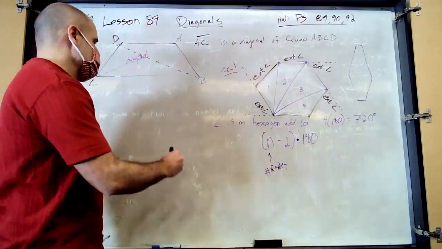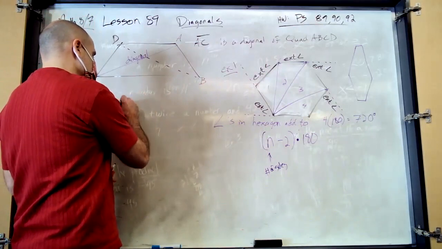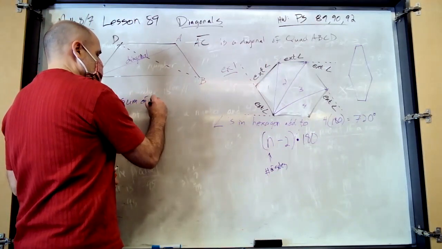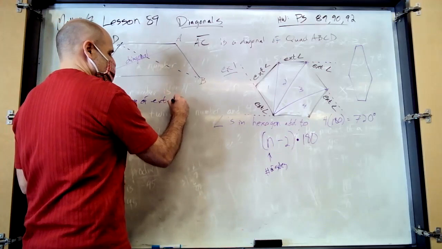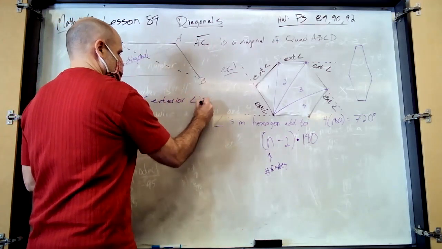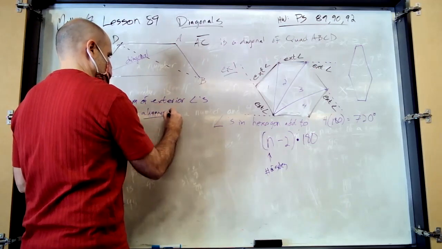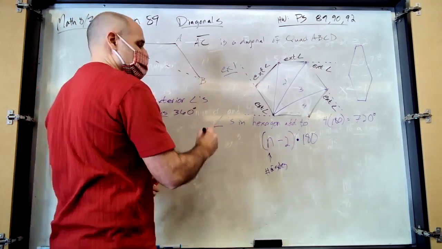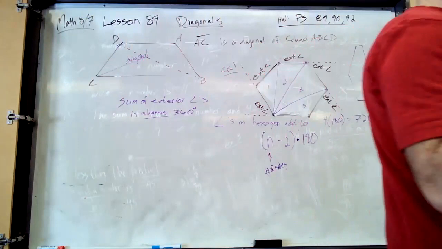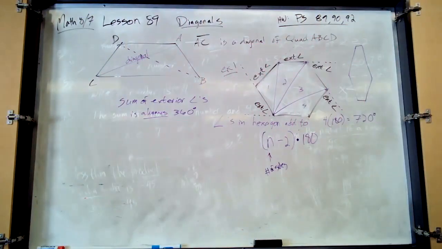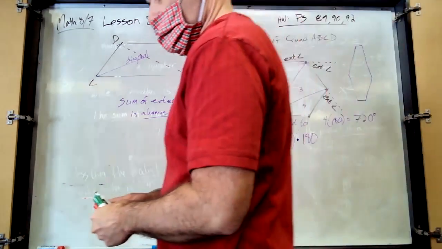Okay, so the sum of exterior angles is always 360 degrees, no matter what shape it is. Triangle, quadrilateral, pentagon, hexagon, anything. It always adds up to 360 degrees.